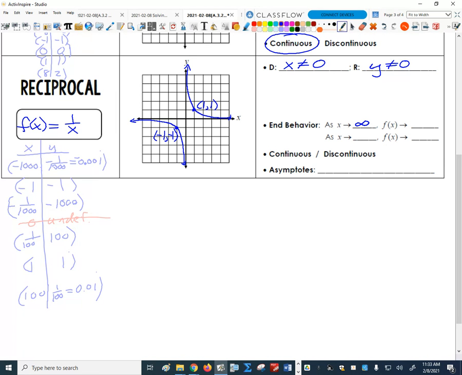F of x is approaching 0. Now, let me ask you this. Give me a yes or a no, just a y or an n. Does the ant ever get to 0? Does his y value ever get to 0? Everybody answer this one, please. It never does. That's a strange concept.